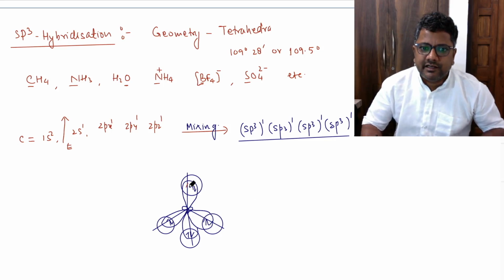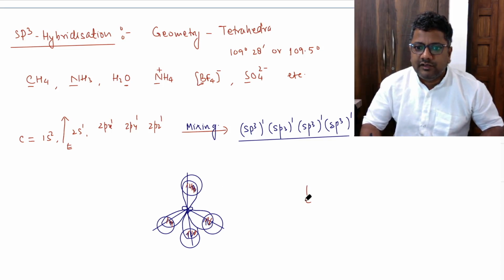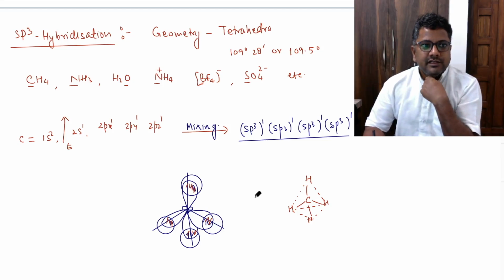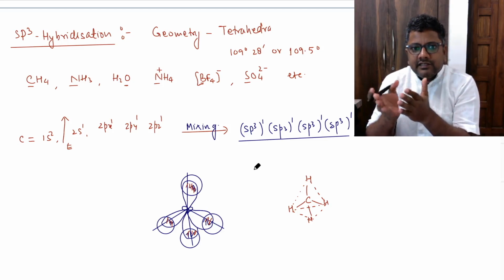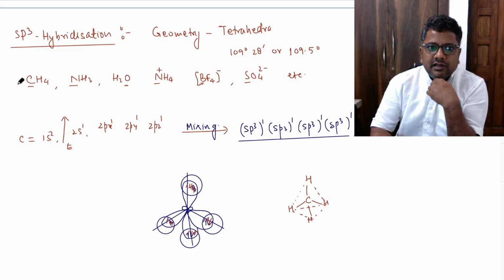This is basically sp3-s overlapping, and all four bond lengths are equal. Everything is equal here. In the methane molecule, all bond angles are equal. So you can explain the formation of this molecule with the help of hybridization. What X-ray suggested, you have justified with the help of this sp3 hybridization, right? So this is sp3 hybridization. One s and three p are mixed and produce four equivalent hybrid orbitals, right? So this is all about the methane molecule.